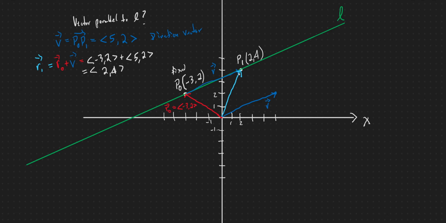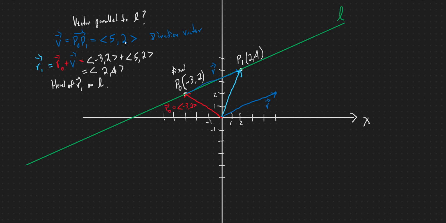Notice that R1 points, its head is on the line. So the head of R1 is on L. Maybe you don't think we did a whole lot there, but actually we're very close to having the vector equation of this line.